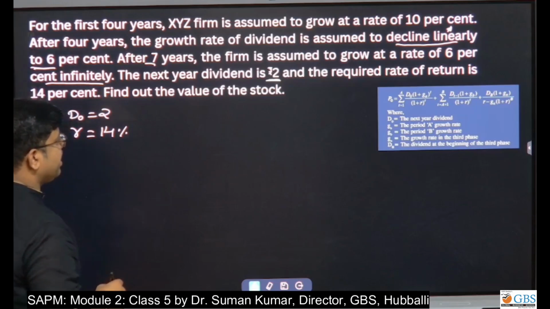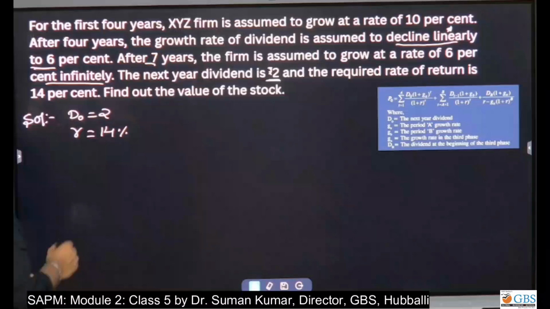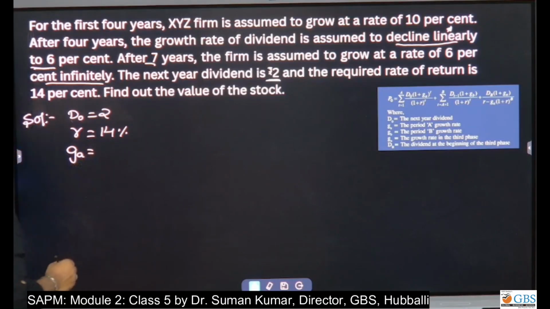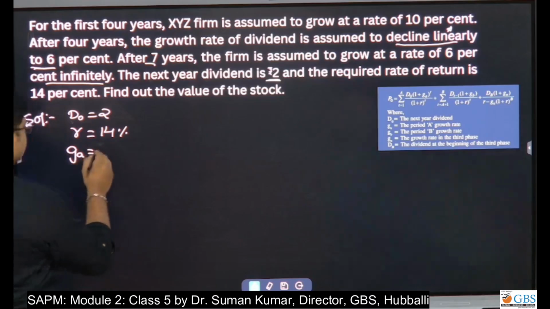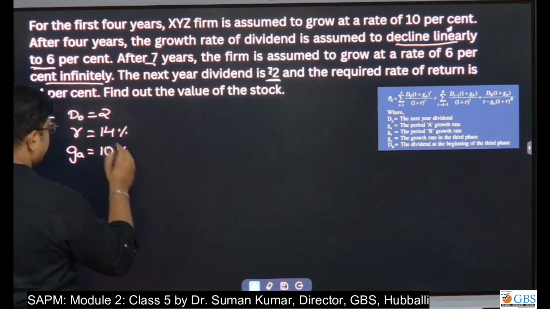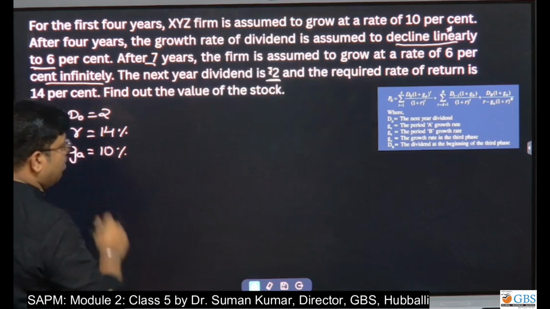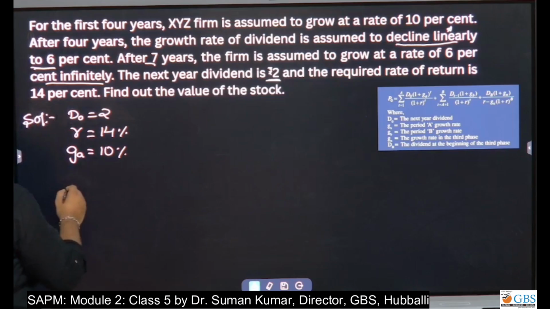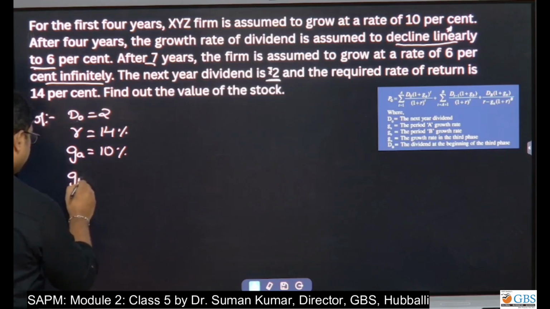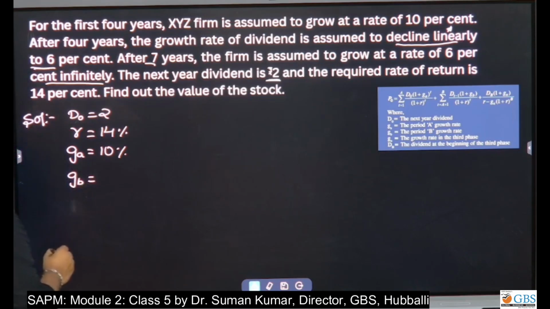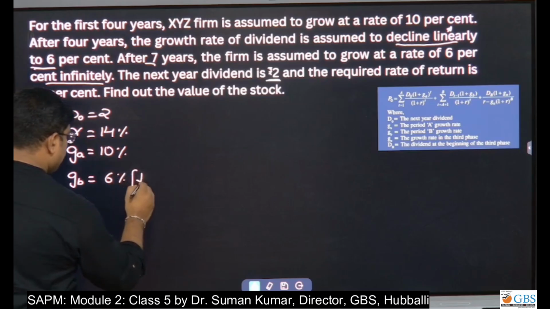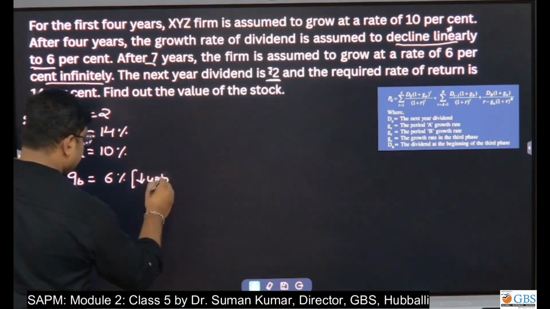Then the first growth rate, GA, is equal to 10%. Then GB is declining linearly up to 6%.